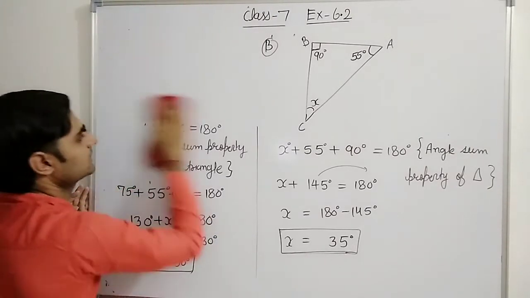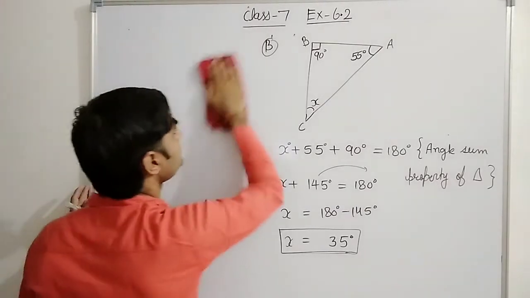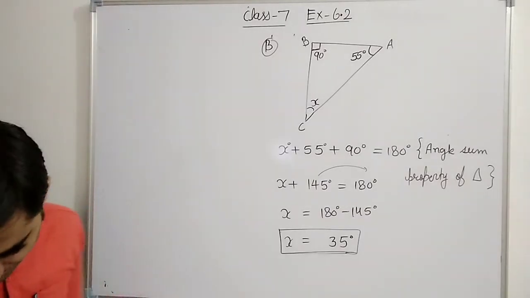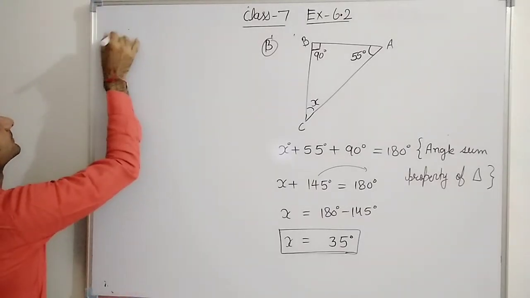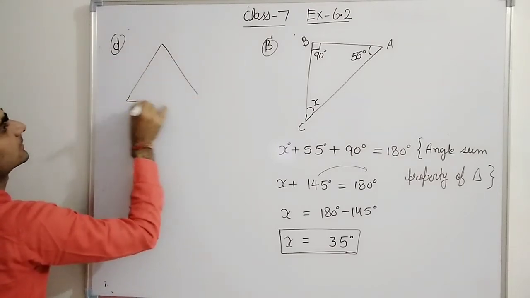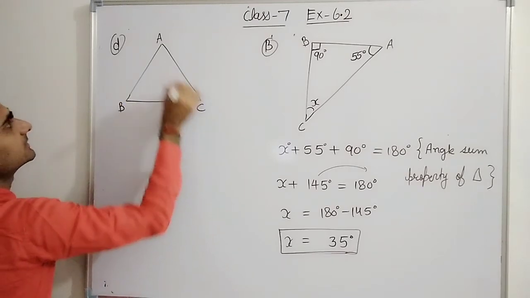Now we will see number 4, that means part D. In D, one triangle ABC is given. Look at it carefully. One triangle is given. The name of the triangle is ABC.